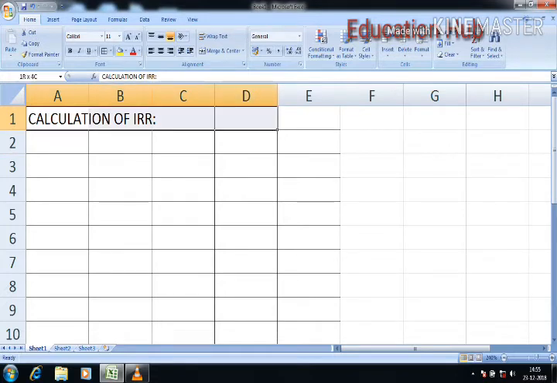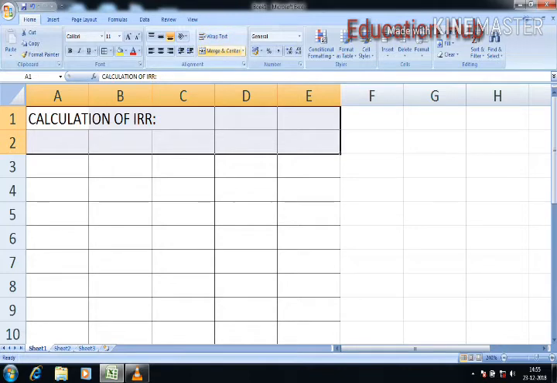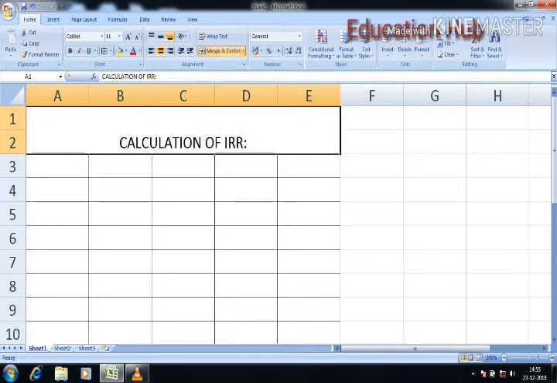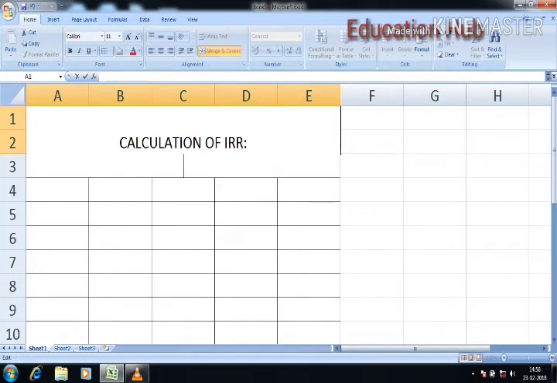Now for the IRR calculation, before starting, I am also showing you cell merge. See here, I am writing the calculation of IRR in a single cell. Now I select all the cells. Under Home, the option is there: Merge and Center. From there I merge them. If I press Enter here, I will come to the next cell. But if I have to write another line, then I have to press Alt+Enter.